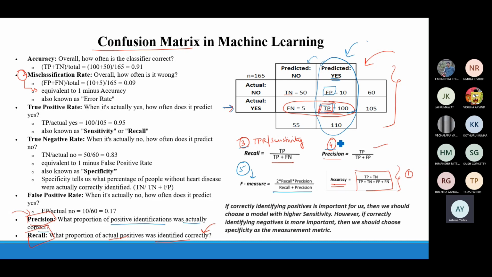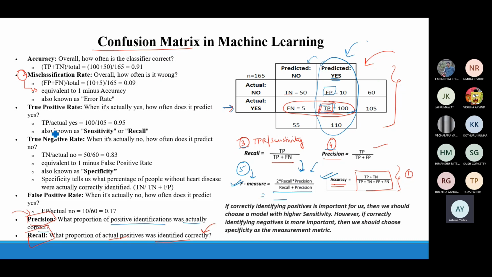We generally use these two parameters, accuracy and F measure, because F measure is anyway incorporating both recall and precision. It will take recall and precision into consideration and give you some F1 score. That's why we usually take F-score and accuracy as the important metrics for our model.